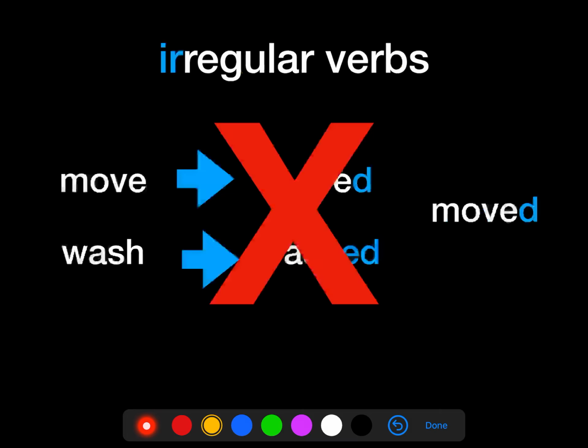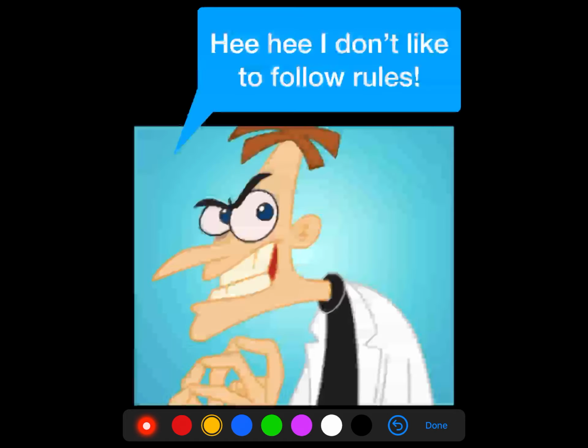But today, irregular. However, irregular verbs don't follow these rules. So, in other words, irregular verbs are really bad and don't like to keep the rules. They just do whatever they want, really.